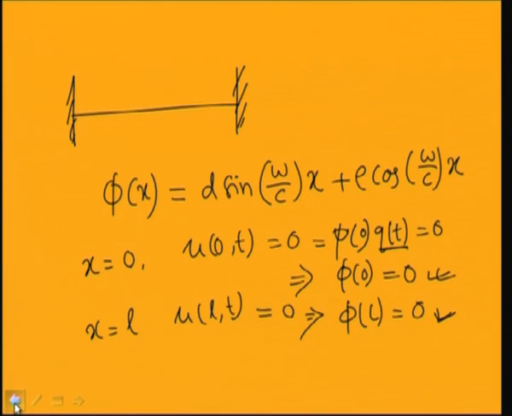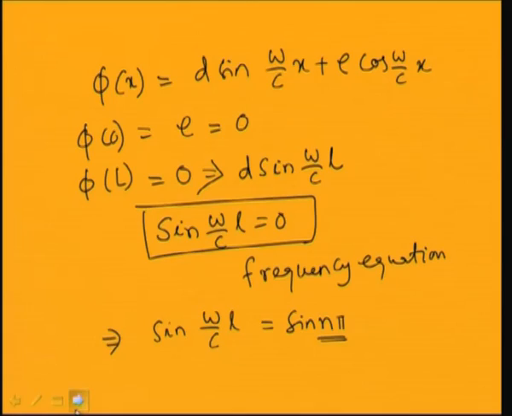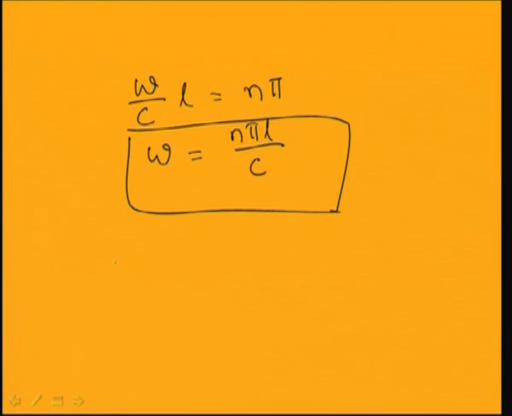Now phi x equal to d sin omega by c x plus e cos omega by c x, and already we got e equal to 0. So the response of the system becomes phi x equal to d sin omega by c into x. I can write this as phi x equal to a sin omega by c into x.